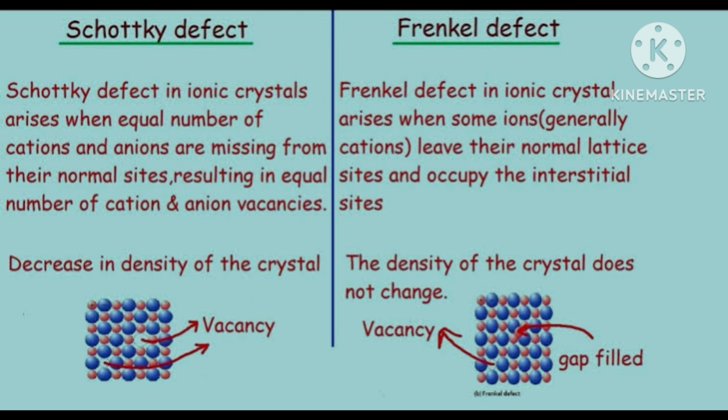Then from the NaCl, the chloride ion will come up and combine with Na plus to form NaCl. Due to this chloride ion leaving, a Cl minus vacancy is created.